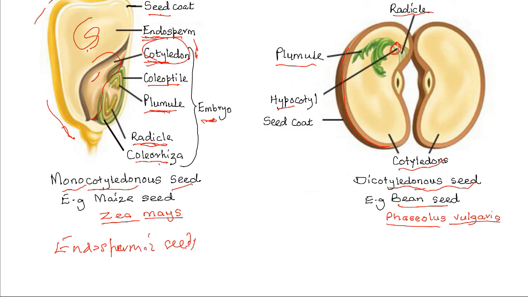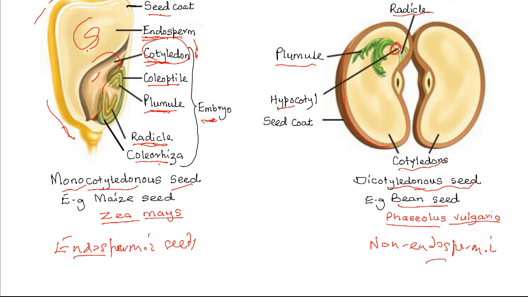the endosperm disappears because it is quickly absorbed by the cotyledon and is stored within the cotyledons, such that at maturity, such seeds lack the endosperm, and they are said to be non-endospermic.